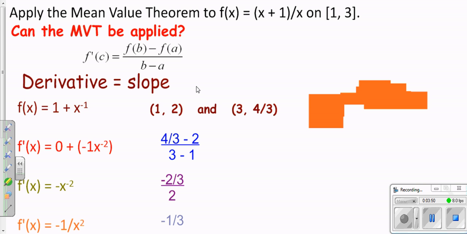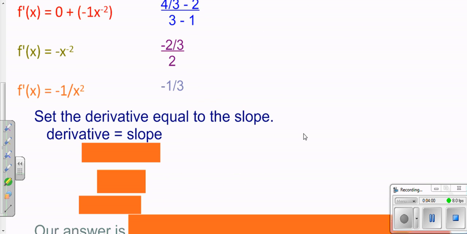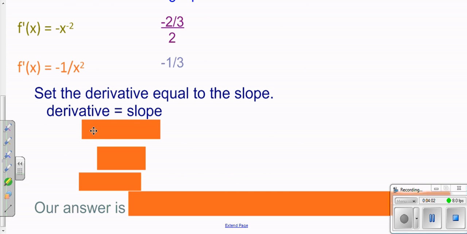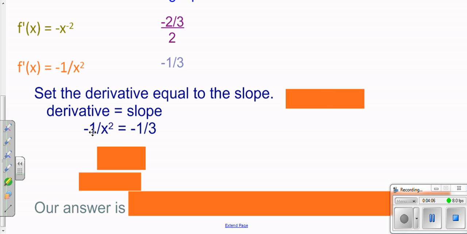So the mean value theorem says my derivative has to be equal to my slope. So I have to set these equal to each other and solve it, and I should get an answer in between these two here. So I set my derivative equal to my slope. The negative 1's drop. Flip both sides or cross multiply, it doesn't make a difference.